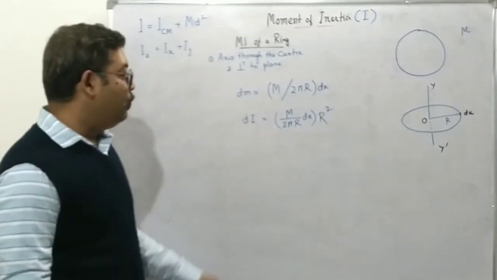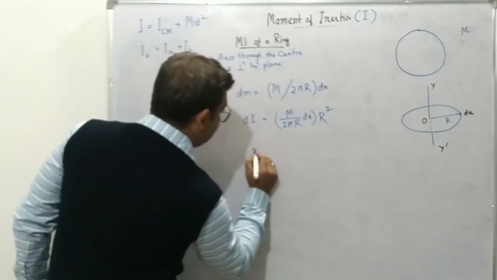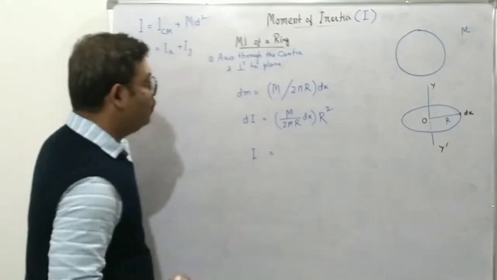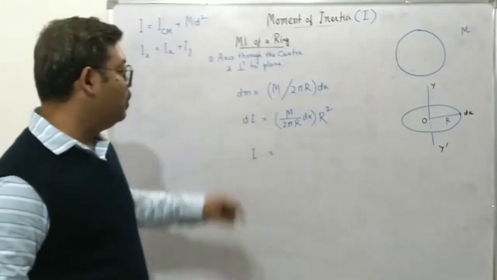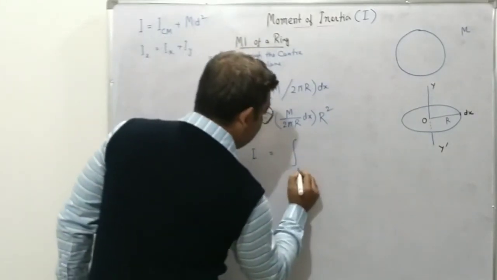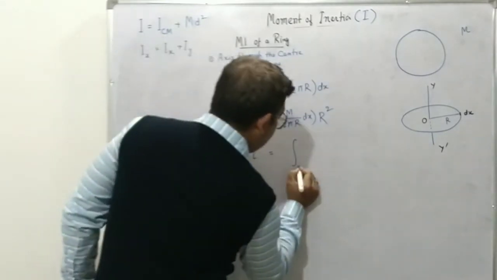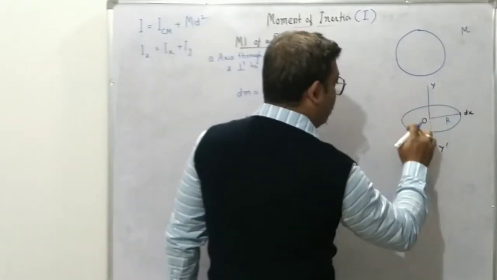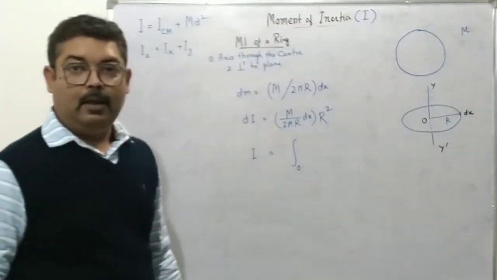So to find the moment of inertia I, we will simply need to integrate this expression with the proper limits. What will be the proper limits? We will start from x equal to 0 here and make a complete turn around the ring.